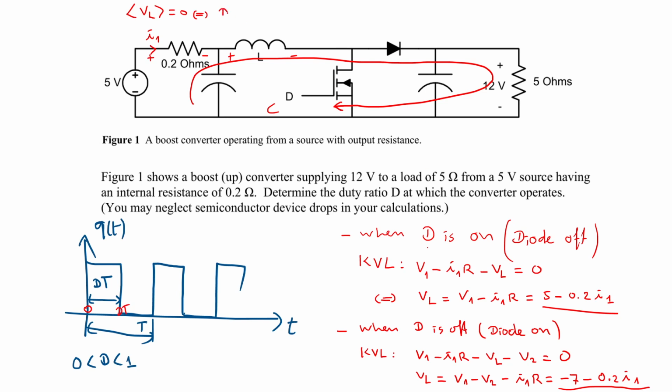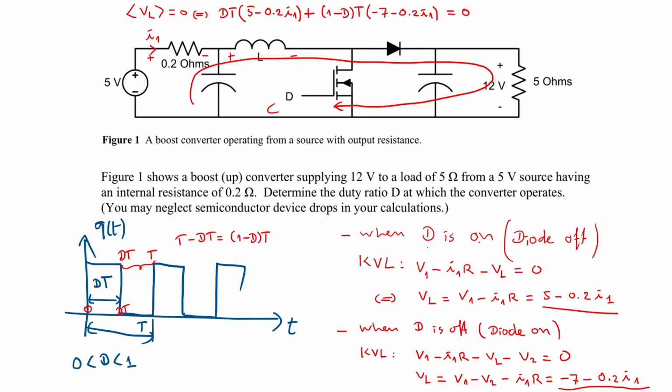So you have DT times 5 minus 0.2 I1, plus, when you switch off, the time is taken from DT to T, so the duration is T minus DT, which is 1 minus D times T. So you have 1 minus D times T times minus 7 minus 0.2 I1, equal to 0, right?